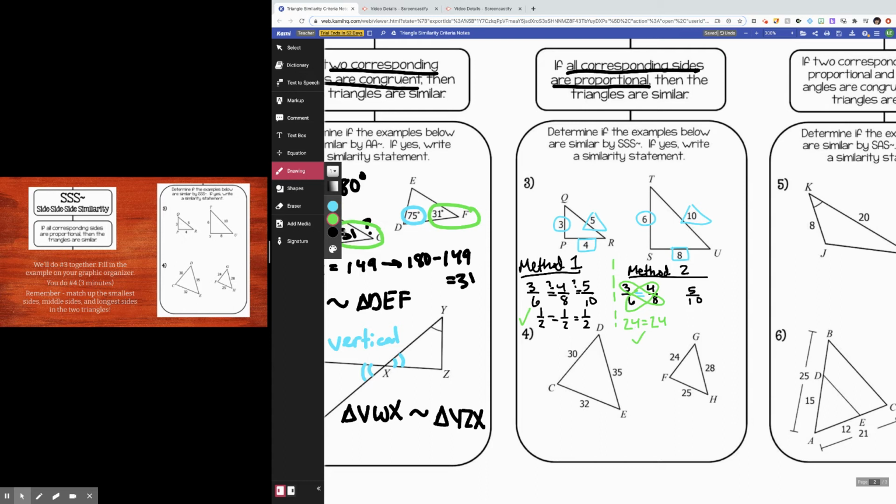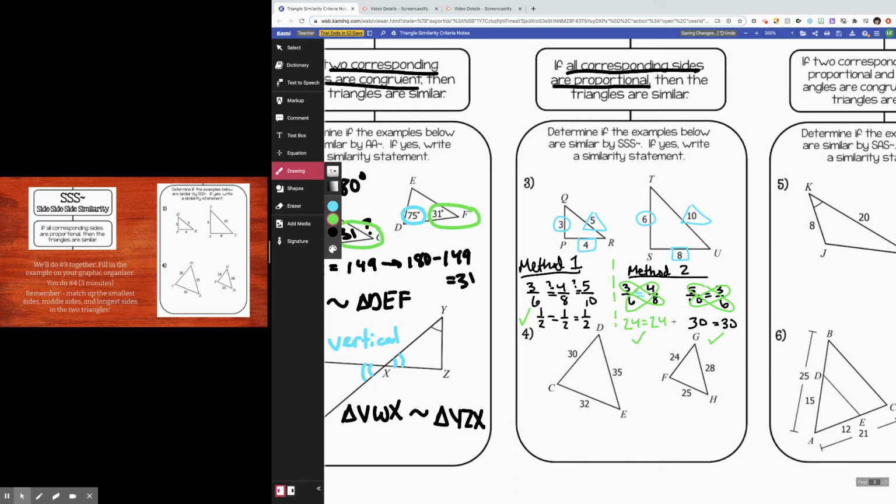But I also have to check this first one, 3 out of 6, against 5 out of 10. So I'm going to do the same thing here and see if I get equal numbers. 5 times 6 is 30, and 3 times 10 is also 30. So I'm good. Check.